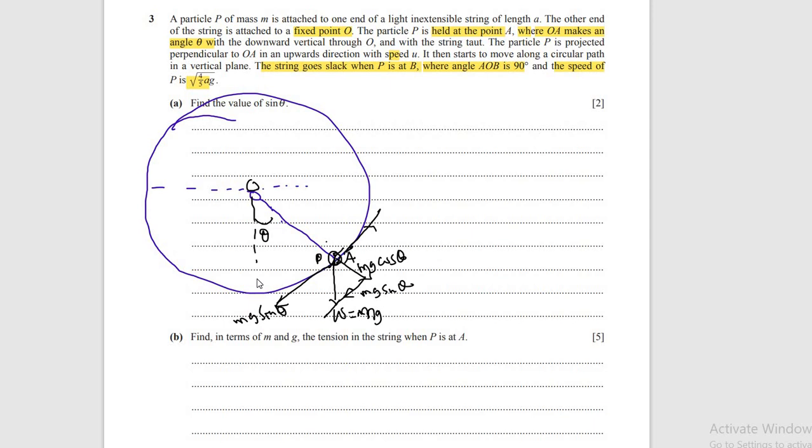The question now says further that the string goes slack when P is at B. Now the question is, where is B?